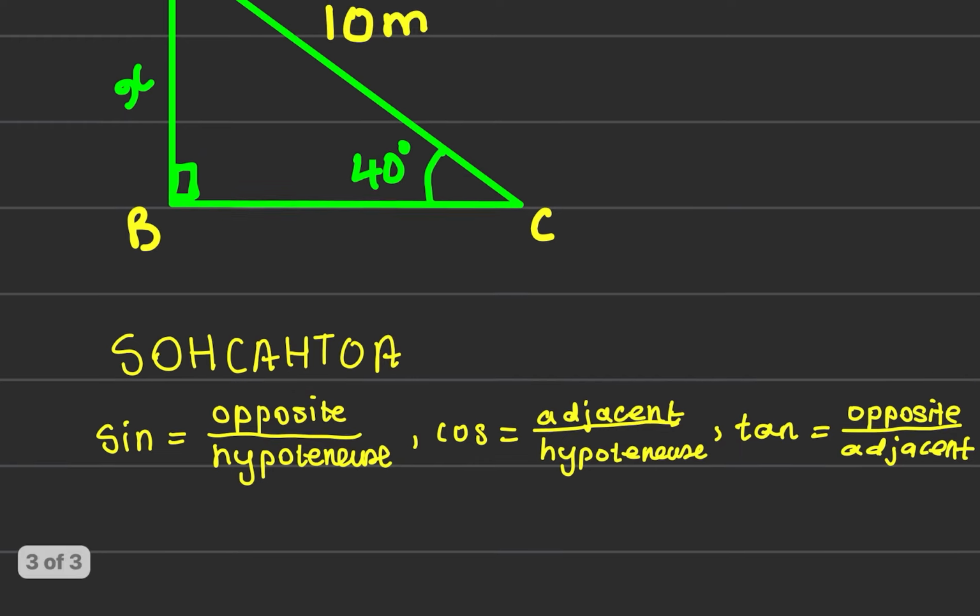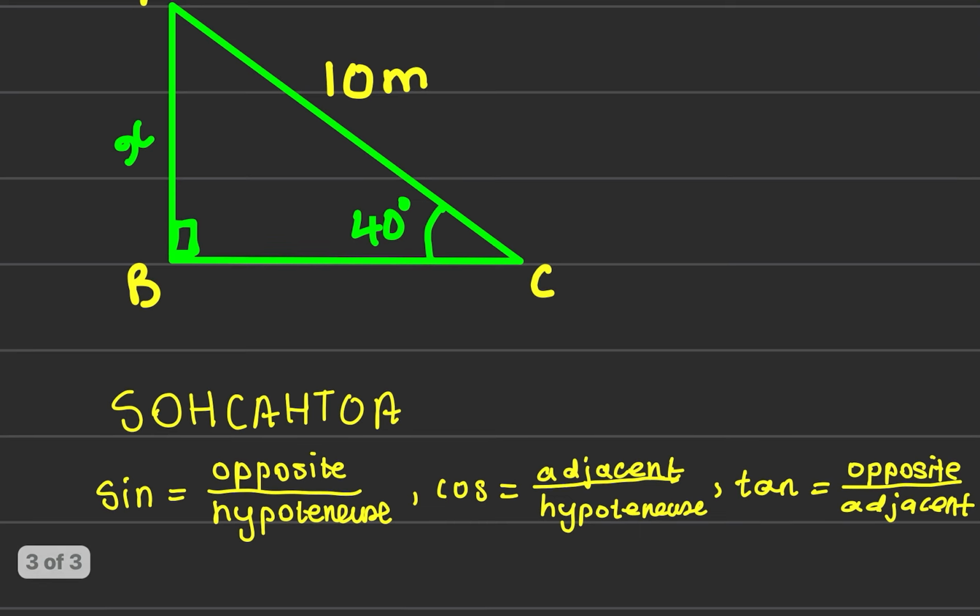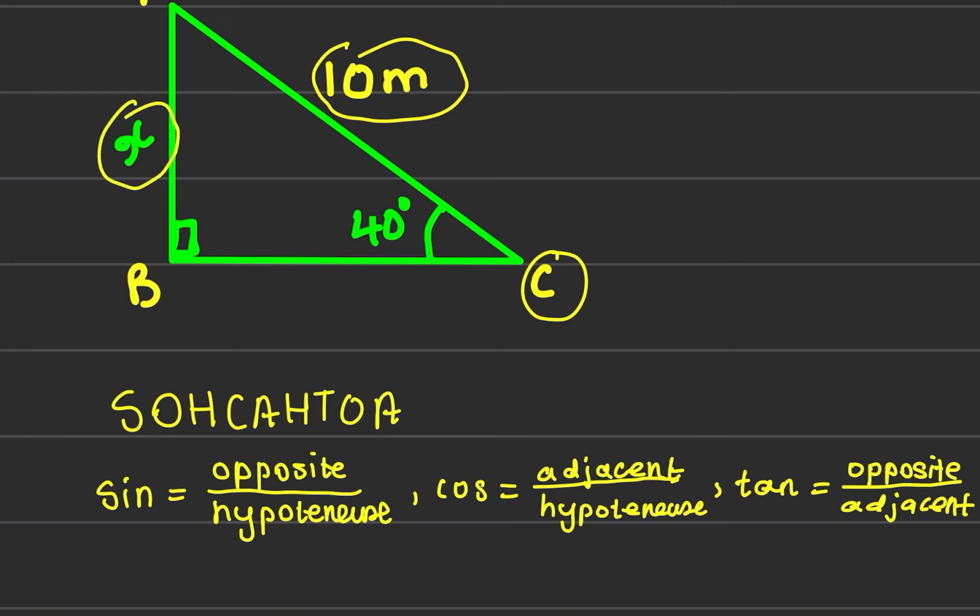Now with this known, let's look at the given sides and angles. So we know angle C, and we're given side B, but they've asked us to find side C. So in terms of this angle, we have that 10 is the hypotenuse, and we have the angle, and we're simply looking for the opposite.